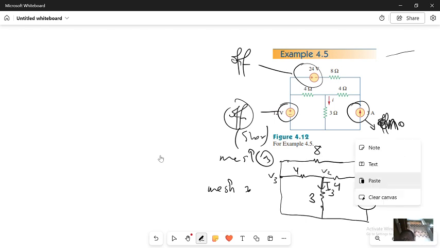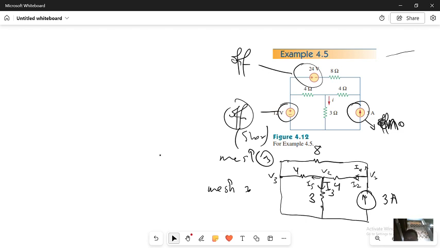The direction does not matter, you can put your own direction, no problem. If it did not give you the direction, I put this one as I2, I put this one as I3. I put this one I4, and I have I5 here. It's no problem.